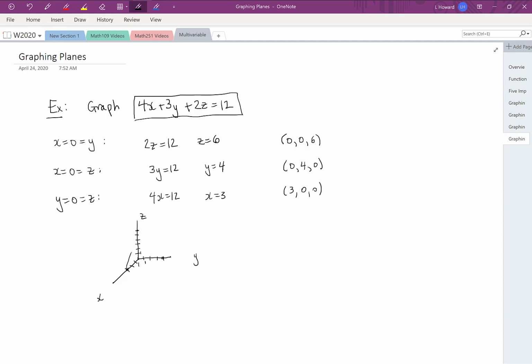So I'm going to form a triangle joining those 3 intercepts that we've identified. That's usually how we represent a plane in terms of a drawing. A plane is an infinite surface, but we tend to draw it as a triangle just because that gives us the best perspective.